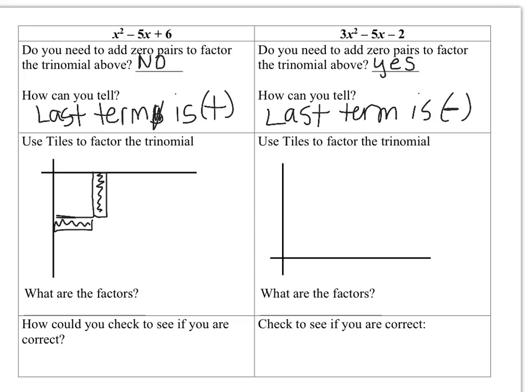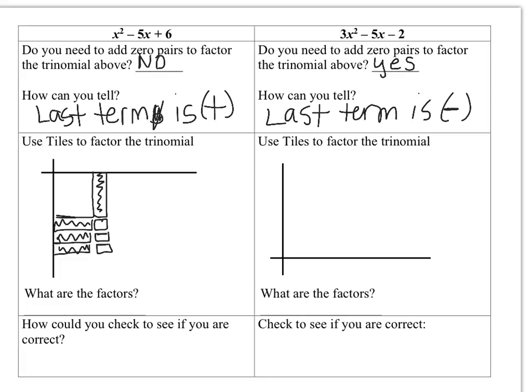And when I do that, that creates space for one ones tile. So now I have to add 3 more somewhere. If I put 1 here, that creates space for 1 more. And if I put another one here, that creates space for 1 more, right? So right now I've got 4.